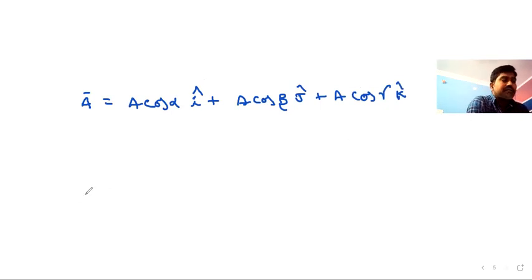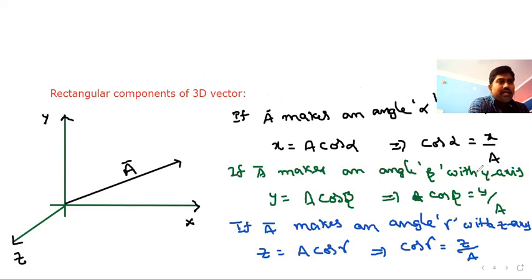Okay, the three different angles are given. Now, you have to give the relation here between cos alpha, cos beta, and cos gamma. Okay, now I will write here the relation. So, cos alpha equals x by A, cos beta equals y by A, cos gamma equals z by A.